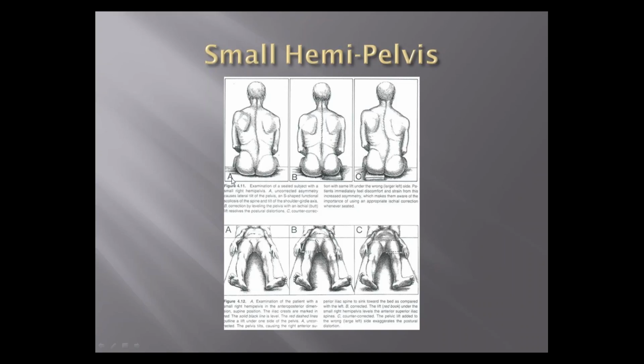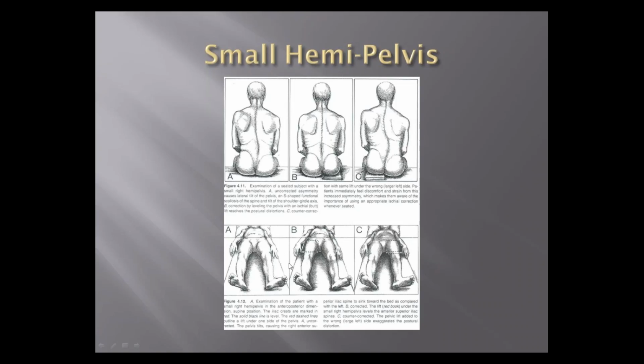In figure A, the left one is larger than the right one. She puts a little book under the right cheek, evens them out, the spine straightens out, and the person is much more comfortable. If you put the book on the other side, it makes the curve even worse.